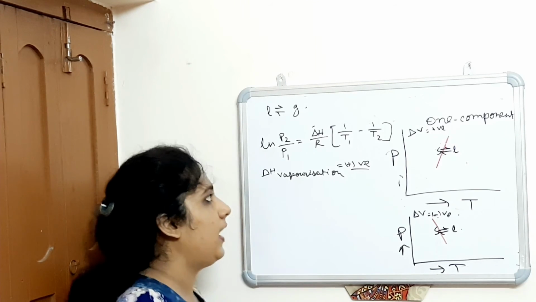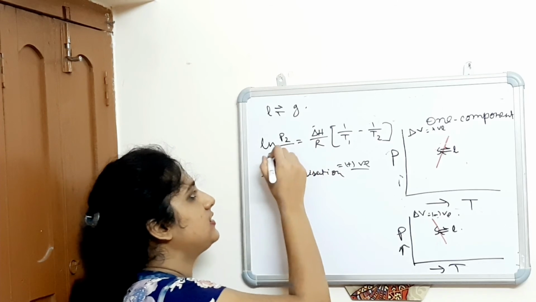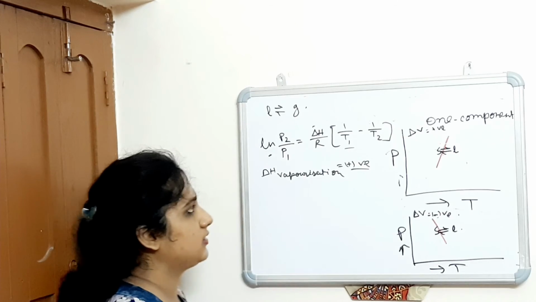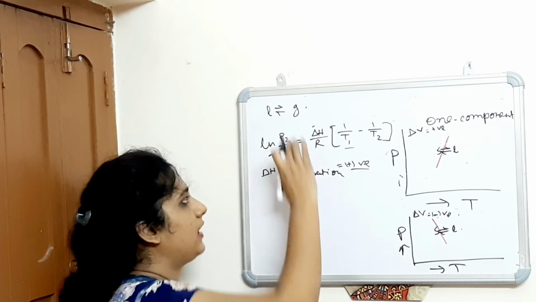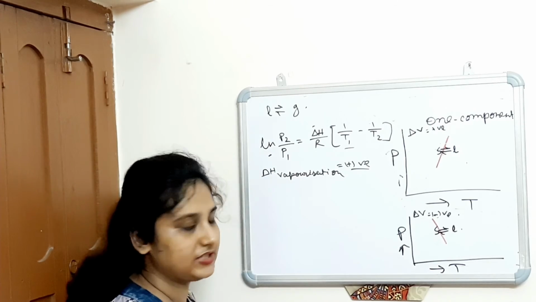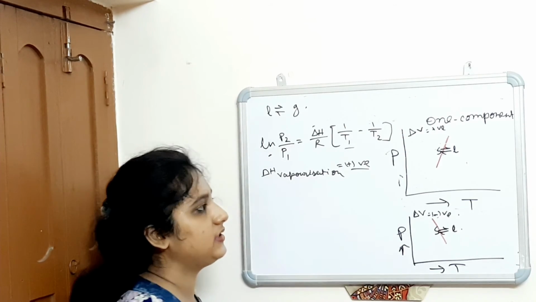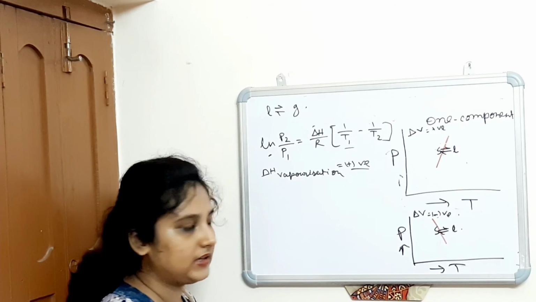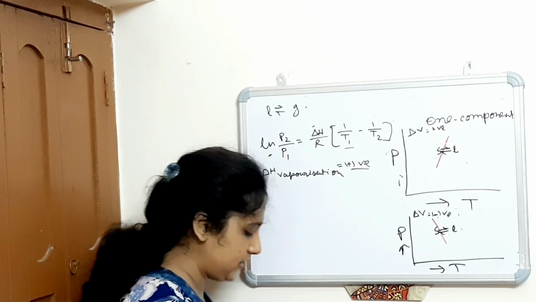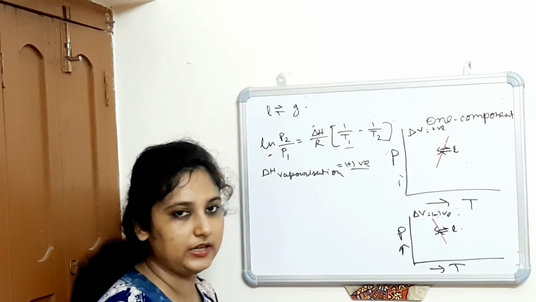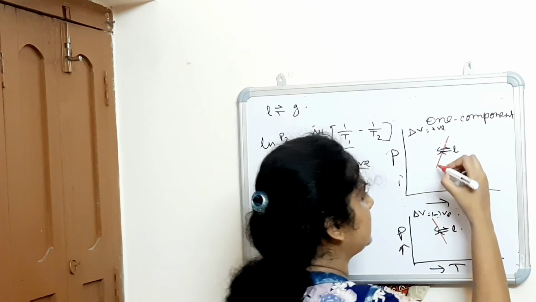and this is ln P2 by P1 equal to something; the relation between P and T is an exponential relation. So the curve should be an exponential curve, and that's why the liquid gas curve is an exponential type curve.